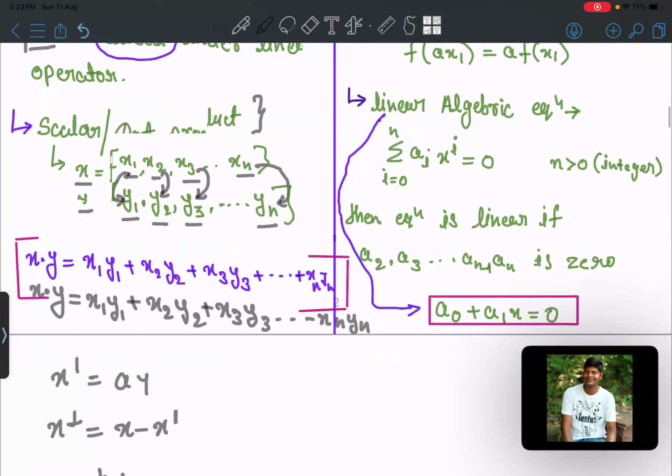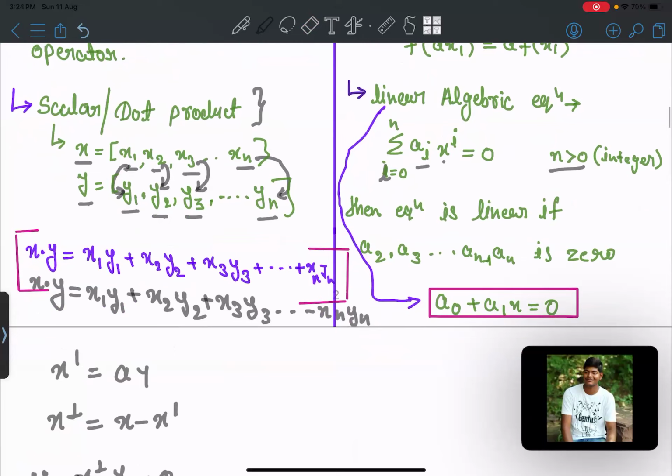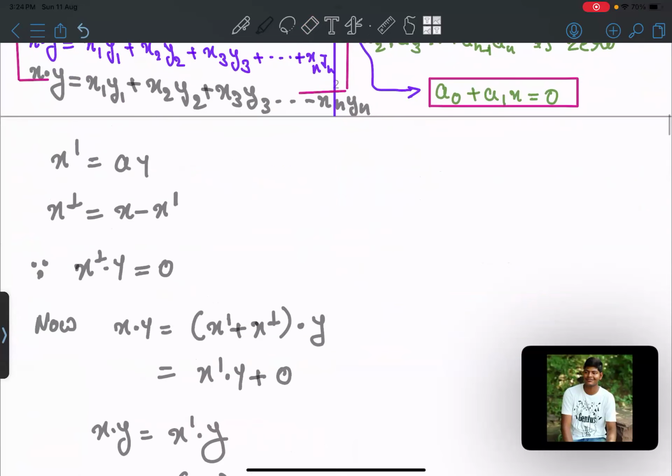In short term, a linear algebraic equation can be represented as summation i equal to 0 to n of a i x to the power i equal to 0, where n is greater than 0. A general polynomial can be represented by a naught plus a1 x plus a2 x square plus dot dot dot plus an x to the power n equal to 0.